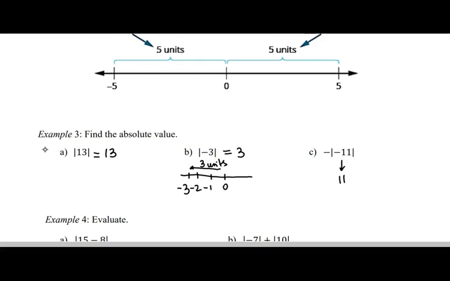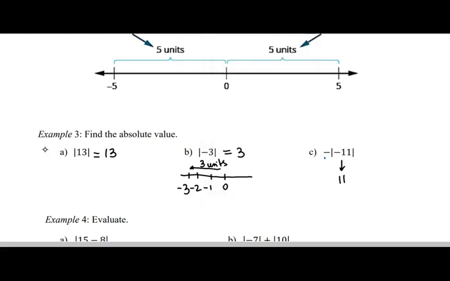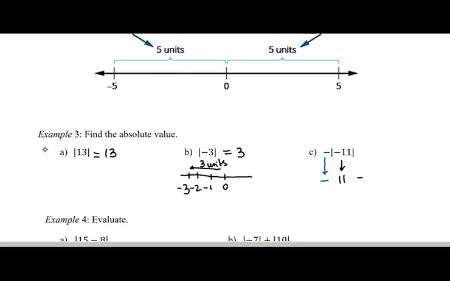And then I have to make sure that I do not lose this extra negative sign. So the answer to part C is, in fact, not 11, but a negative 11 because we had the negative sign in front of the absolute value.